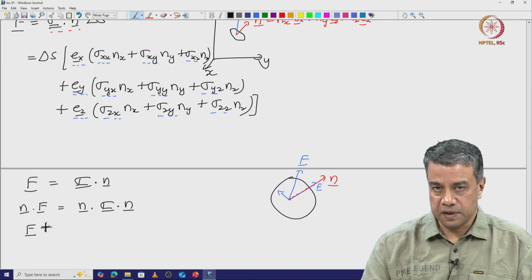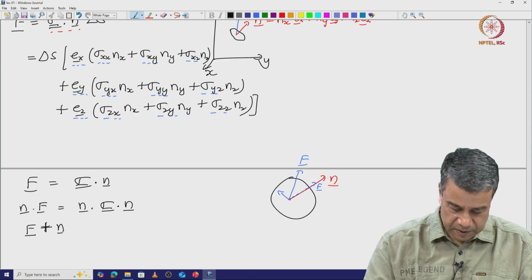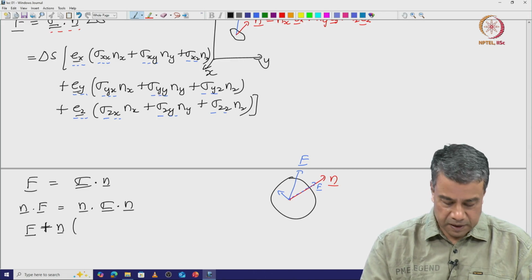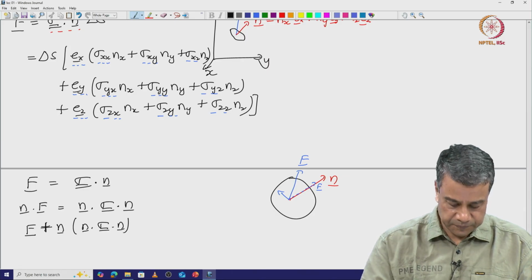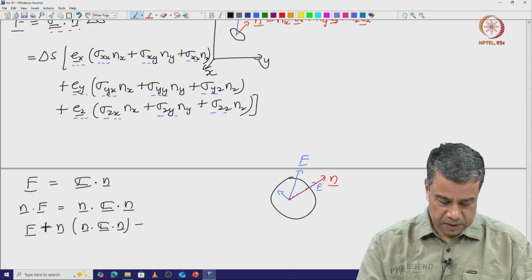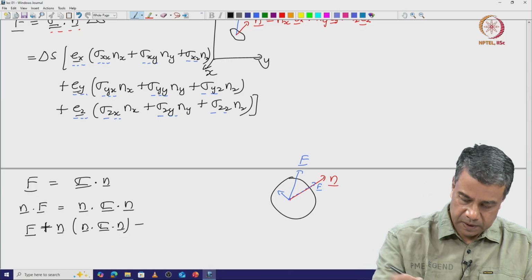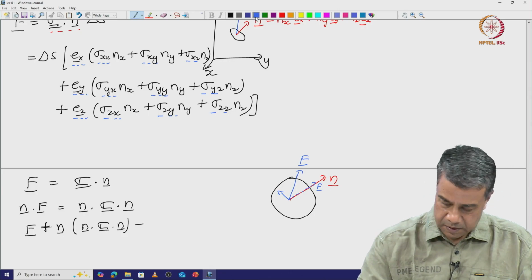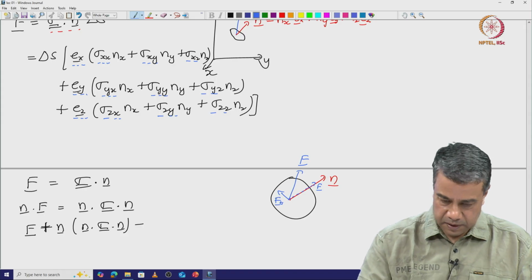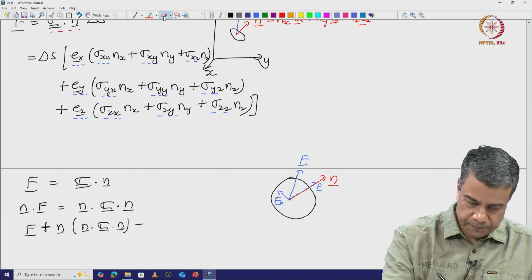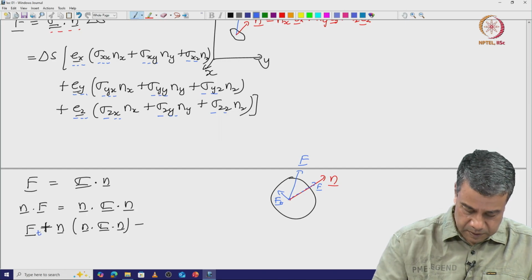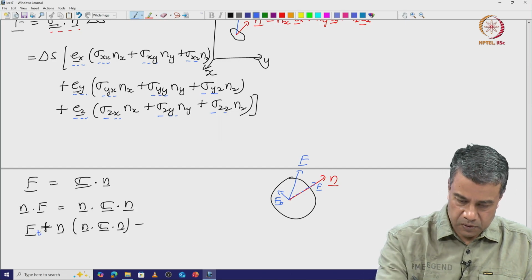The normal component is along the unit normal, and its magnitude is n dot sigma dot n. This, I am sorry, is the tangential component. So, the tangential component plus the normal component has to be equal to the total force.